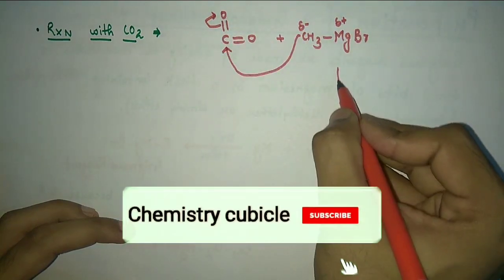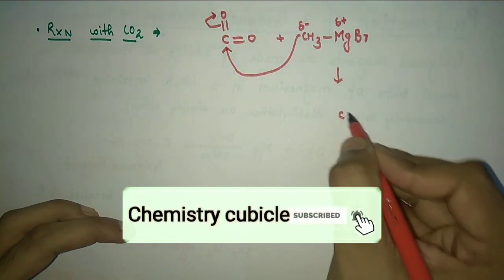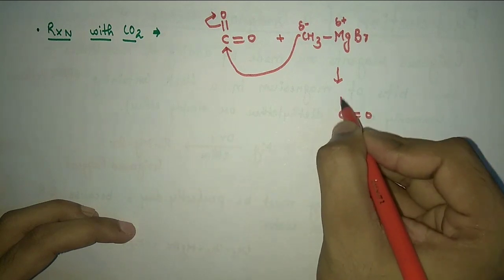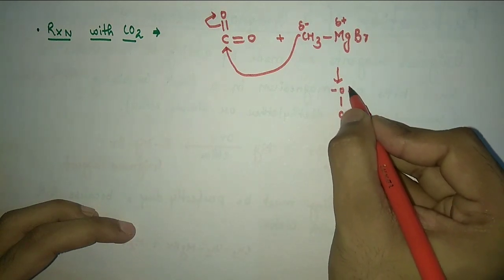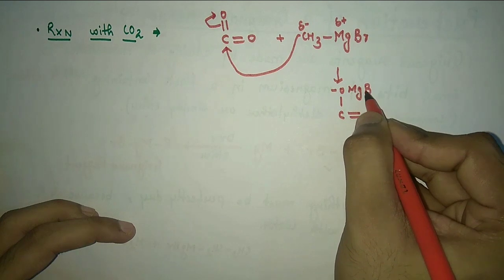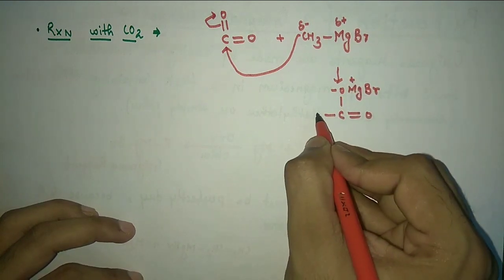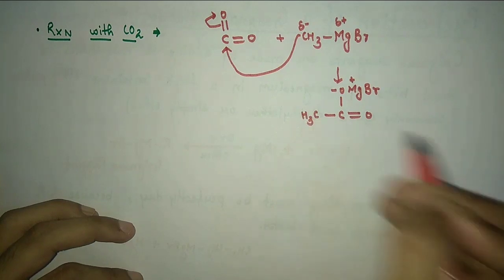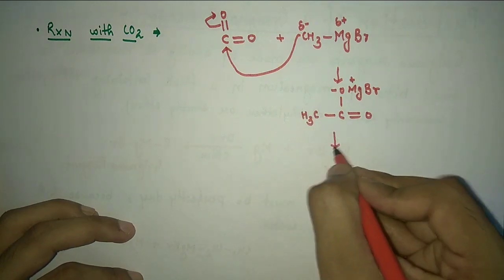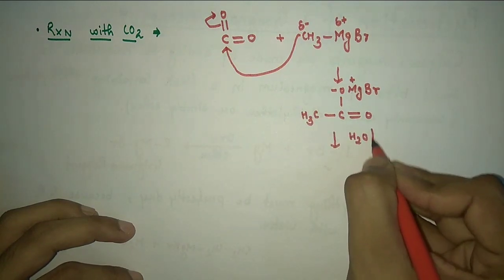Okay, so it forms C double bond O, it becomes O negative, and here comes the MgBr positive, and here this is CH3.